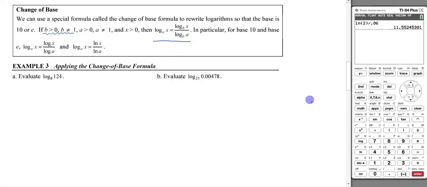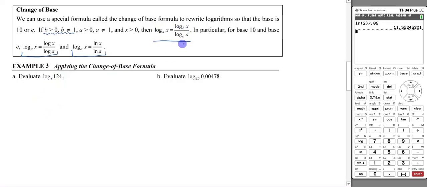If we want to be able to use our calculator buttons, we would change it to the common log, base 10, or the natural log, base e. So for logarithms like those in example 3, we can use this change of base formula. Let's evaluate log base 8 of 124.